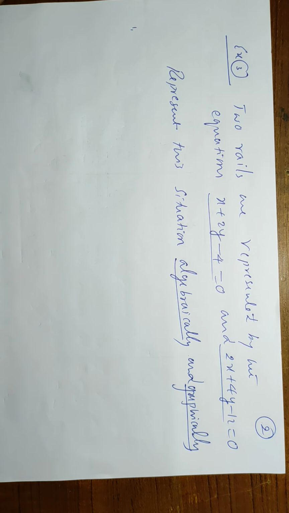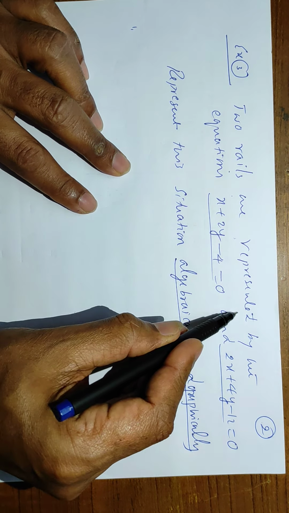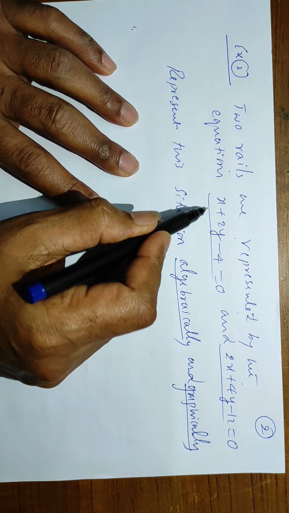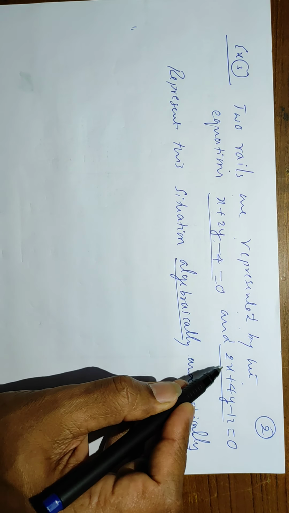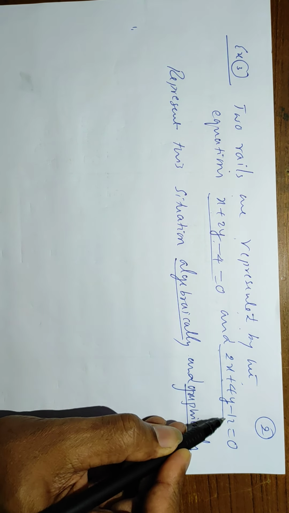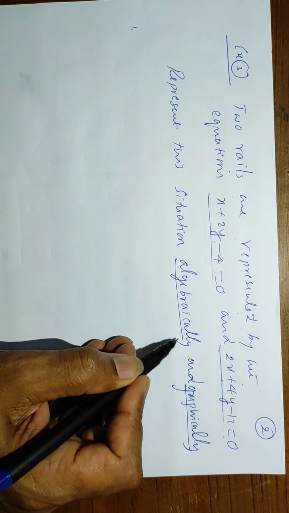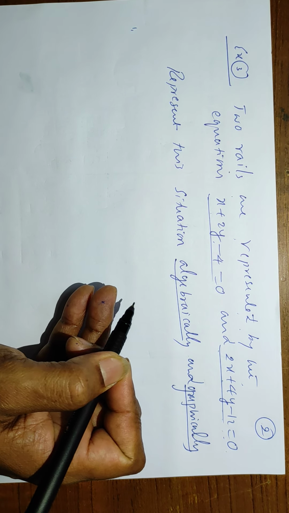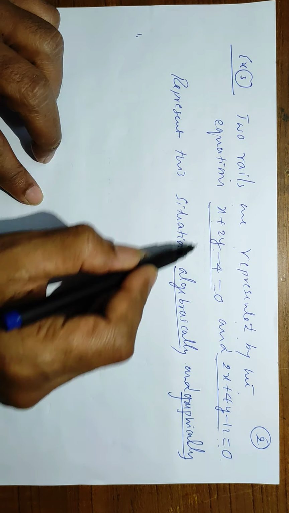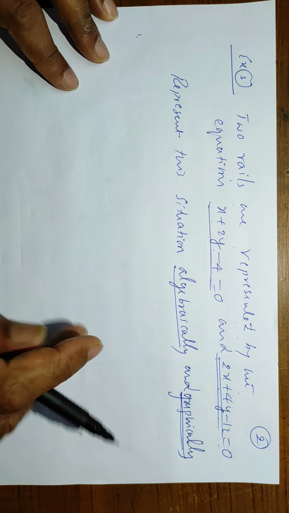Dear students, one more example. Two rails are represented by the equations x plus 2y minus 4 equals 0 and 2x plus 4y minus 12 equals 0. Represent this situation algebraically and graphically. See, it is already represented. Only thing is we have to draw the graph for this.